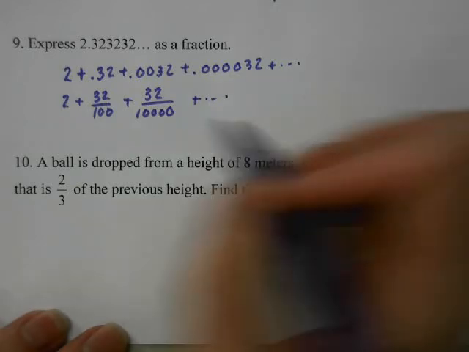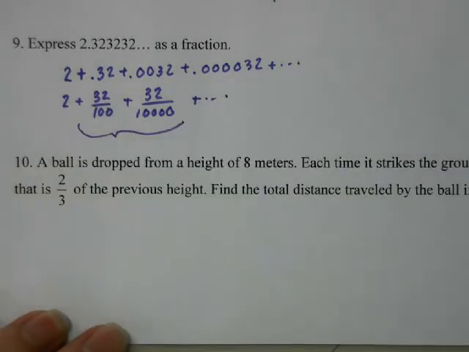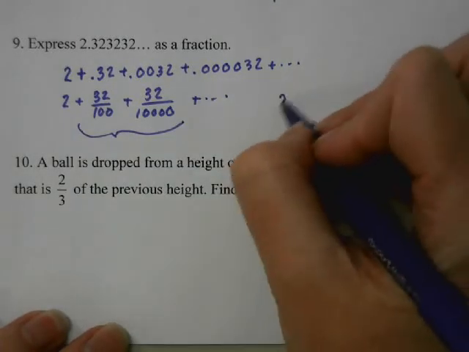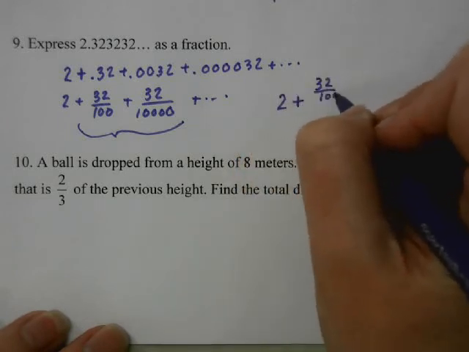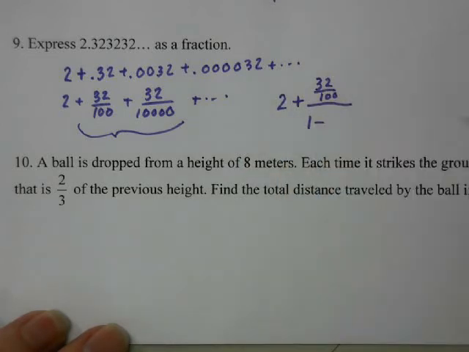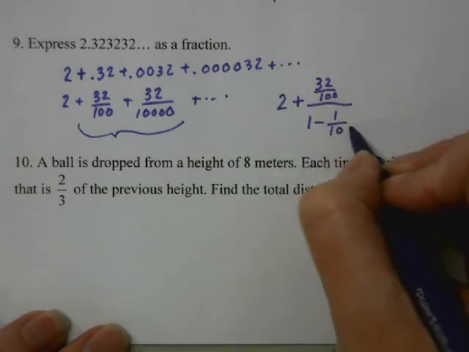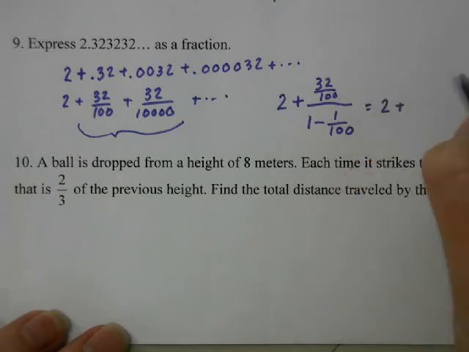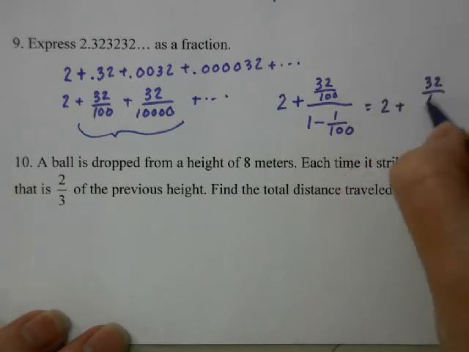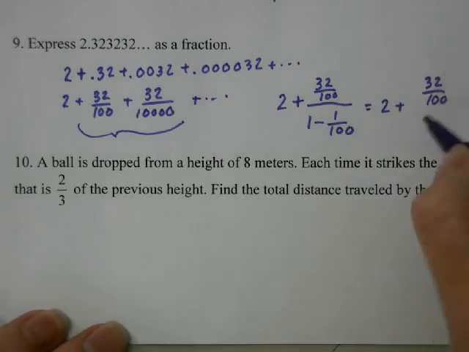So this is a geometric series. Well, this part, the 2 doesn't get included. So this will be 2 plus a1, which is 32, over 1 minus r, which is 1/100th. So we're going to have 2 plus 32 hundredths over 99 hundredths.